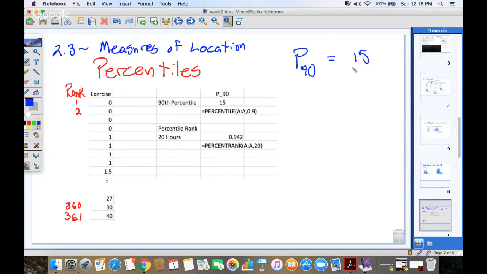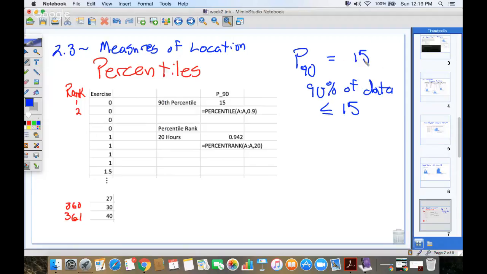That means there's a 15 in the list, so that 90% of the data is less than or equal to 15 hours per week. So only 10% of the people exercised more than this person who exercised 15 hours per week. So that's percentile.